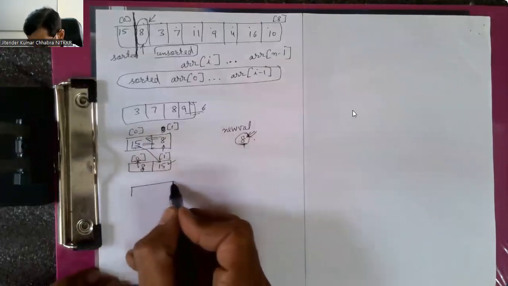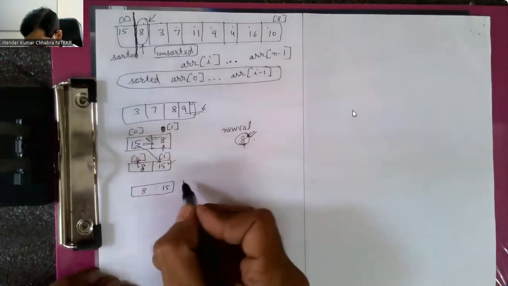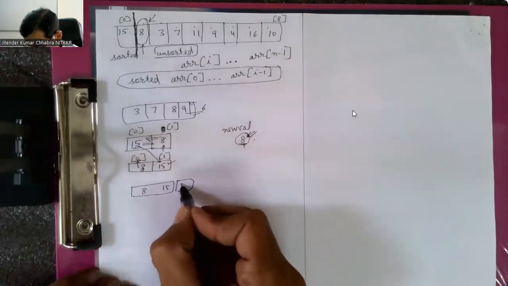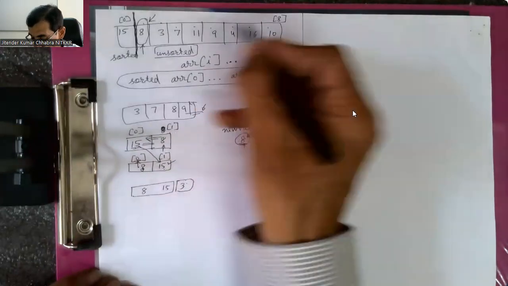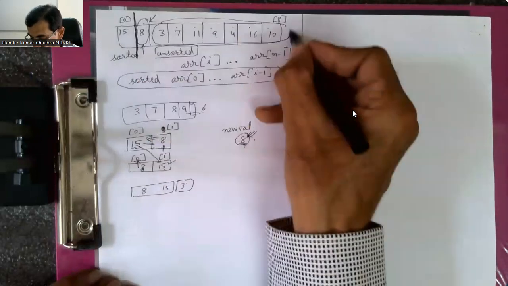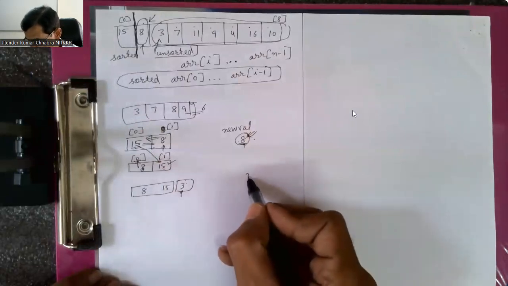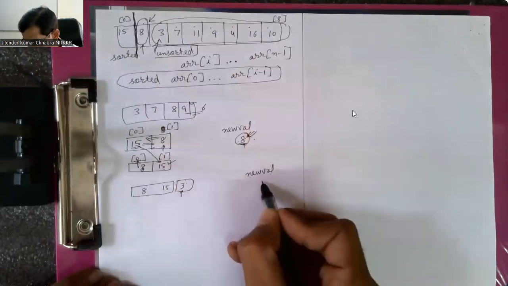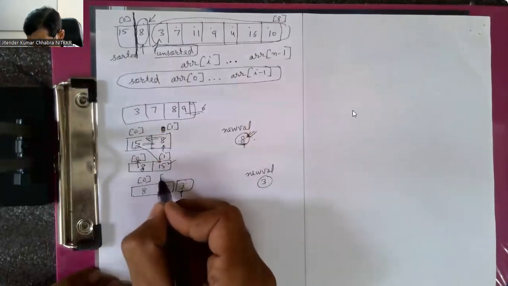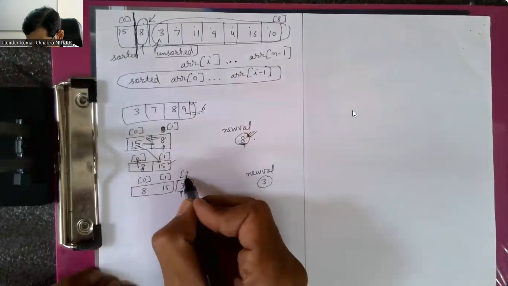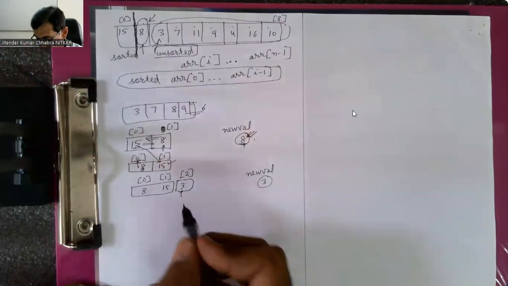Next time, the sorted list is 8 and 15, and the new element being considered is 3. So out of the total unsorted list, take the first unsorted. 3 is unsorted. I will take the new val variable and store 3 here. You can again see why this is helpful to me. 3 is actually stored at index 2, and that gives me a place for the shifting also.